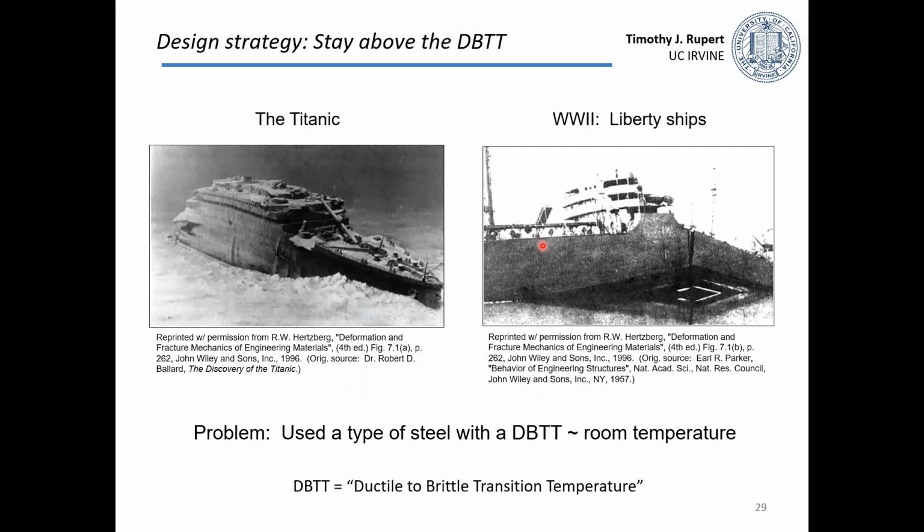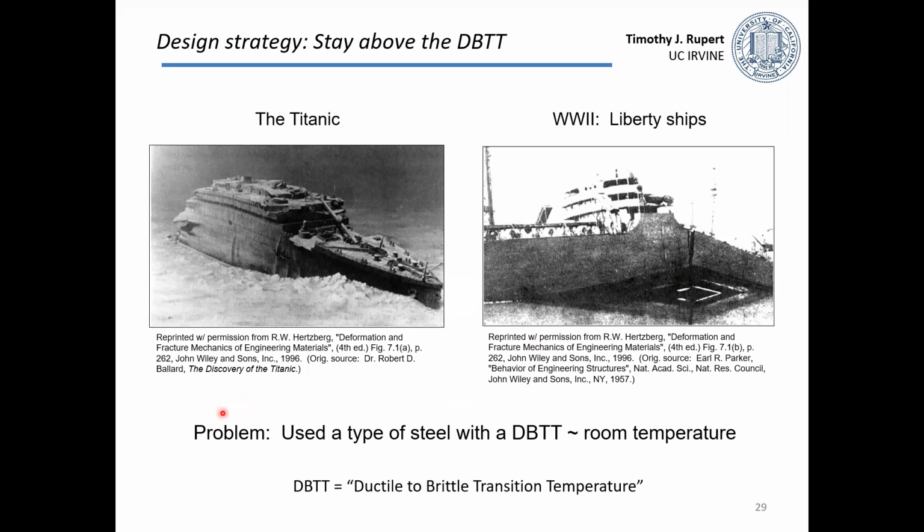Here's a good example. Most metals, we said, tend to be pretty ductile, and that's true at our ambient conditions. Two very well-known examples are the Titanic and the Liberty ships in World War II. These were made of materials which were ductile when they were fabricated, but then they were used in areas of the Atlantic Ocean where the temperature was much lower, and the material actually went into that brittle regime.